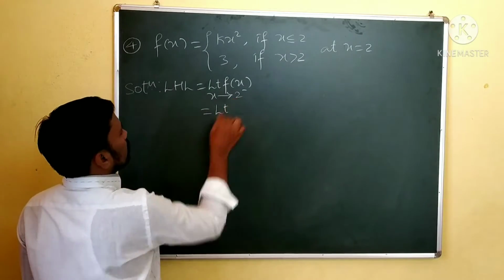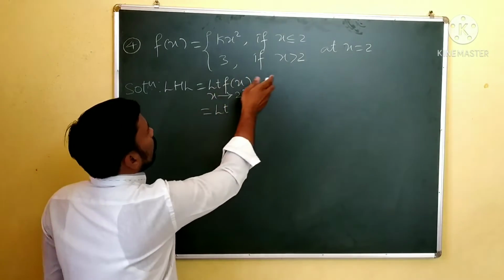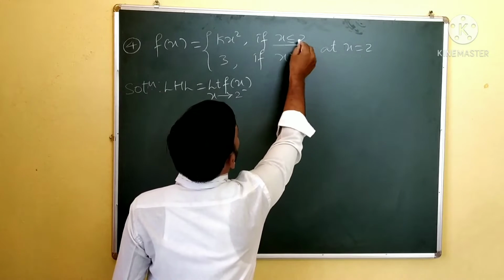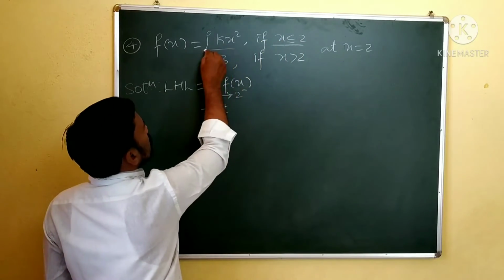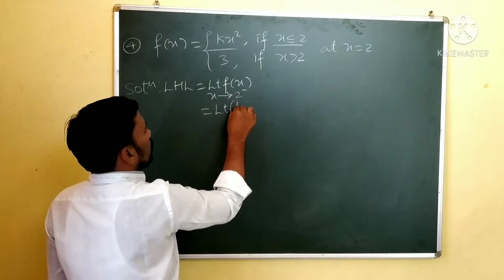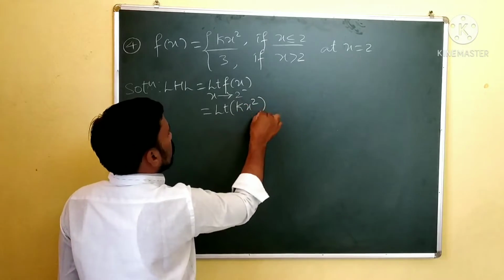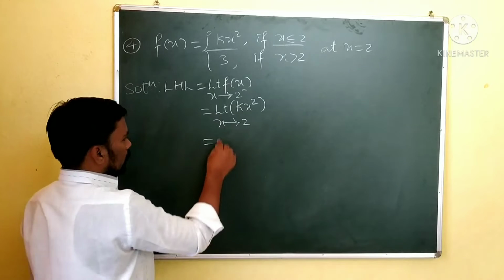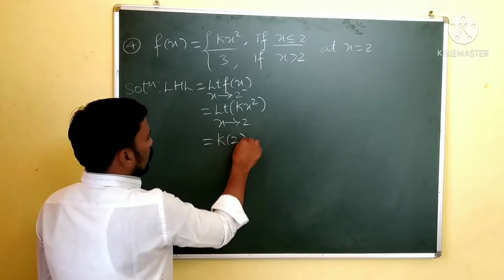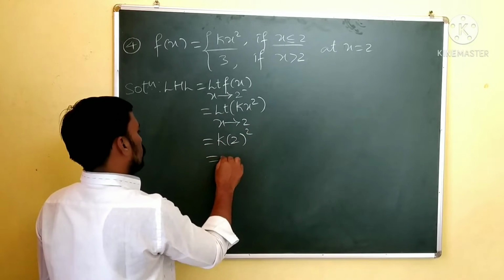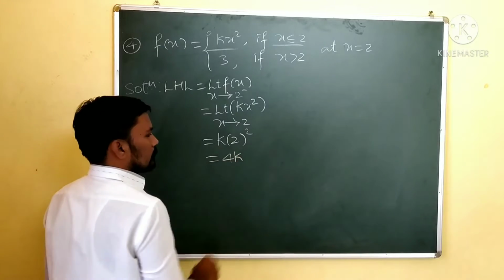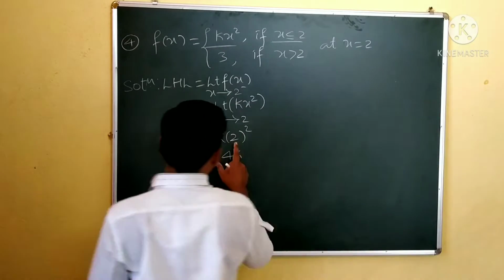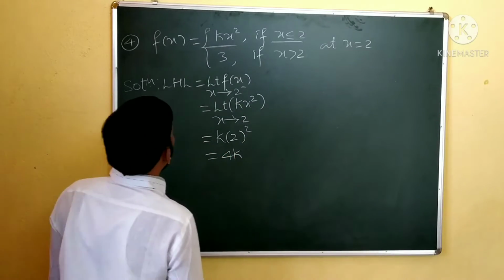For the left hand limit we have to see the lesser than symbol. In this interval the function value is kx square. Replace f of x by k times x square as x tends to 2. Now apply the limit. It is k into 2 square, that is equal to 4k.